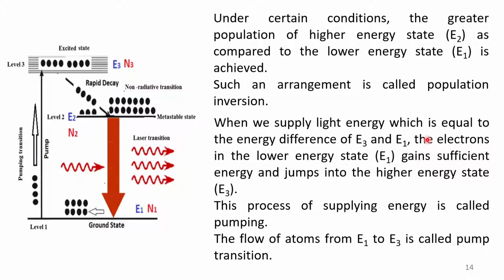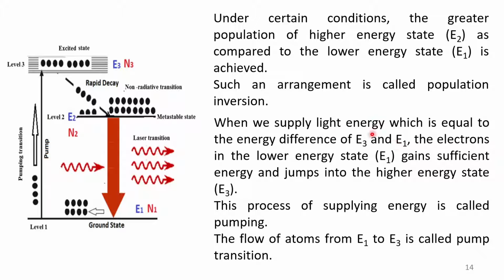But under certain conditions, a greater population of the higher energy state E2 as compared to the lower energy state E1 is achieved, and such an arrangement is called population inversion. That means with the help of the external pumping method, we can achieve population inversion between E2 and E1.